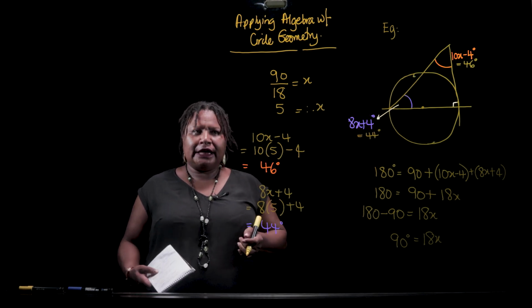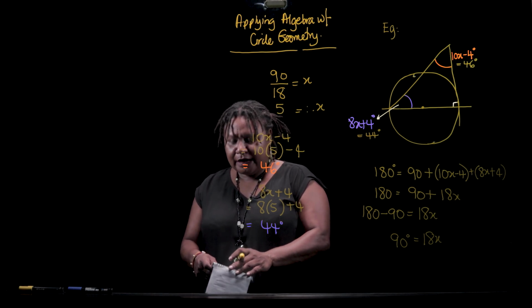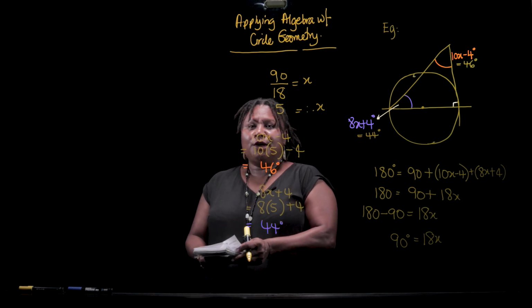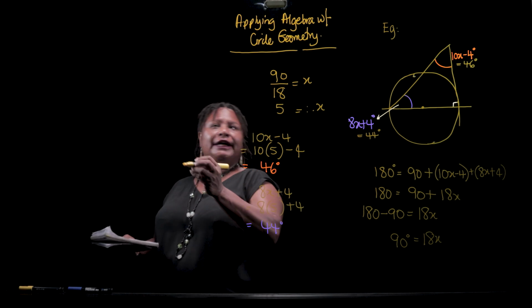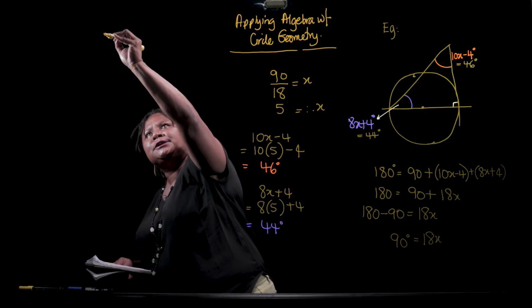Now we're going to use one more example and see how we can apply algebra once again with circle properties. Example number 2. I'll have to put up the diagram first.